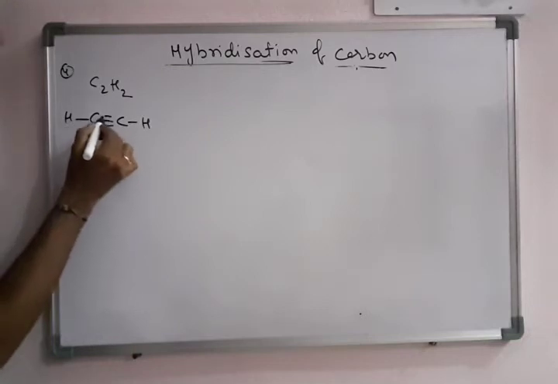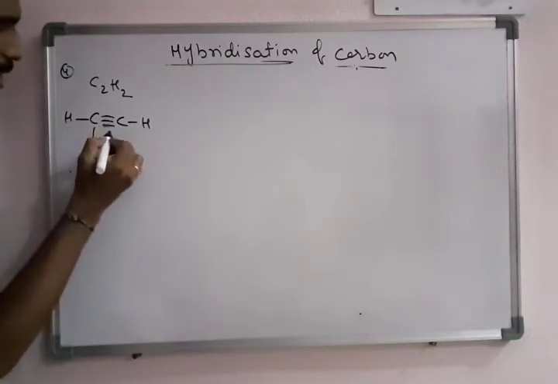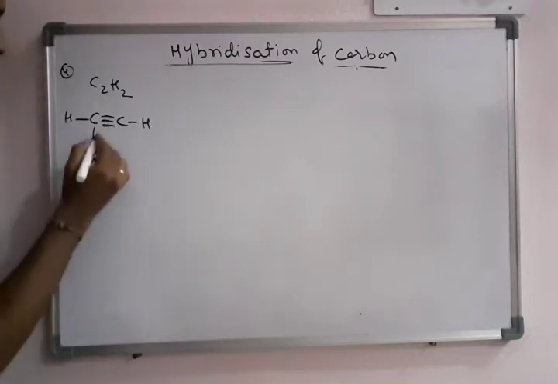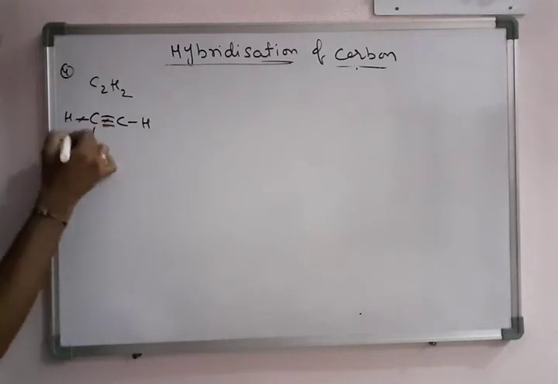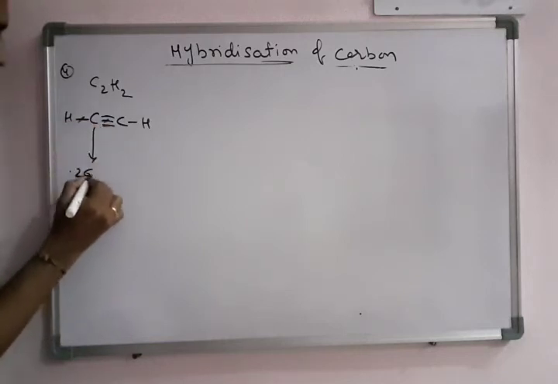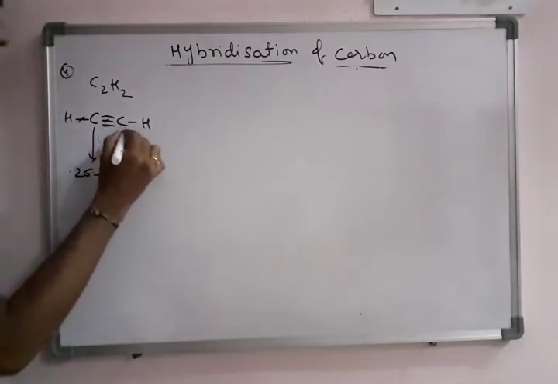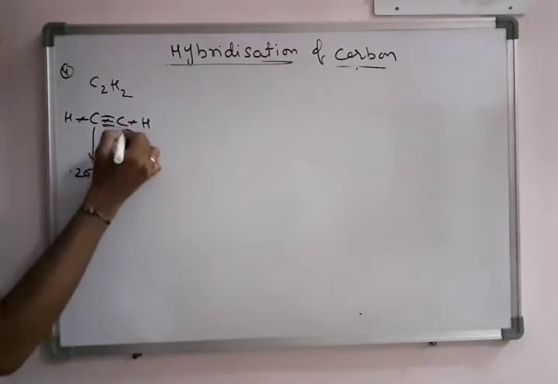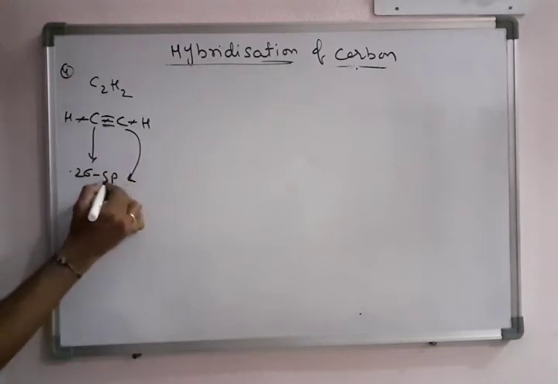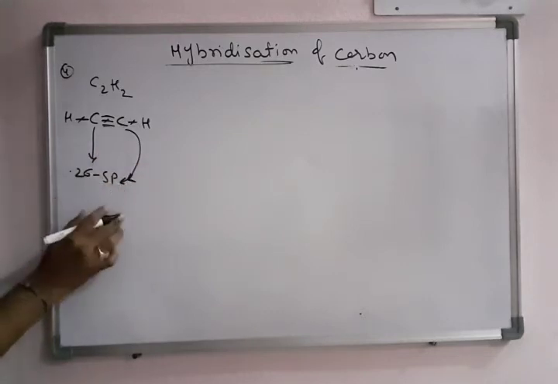Here 3 bonds are present, and of the 3 bonds only one is sigma. Here 1 sigma, here 1 sigma. This carbon is having 2 sigma bonds, so it is sp hybridization. In the same way, this carbon is also having 2 sigma bonds and undergoing sp hybridization.